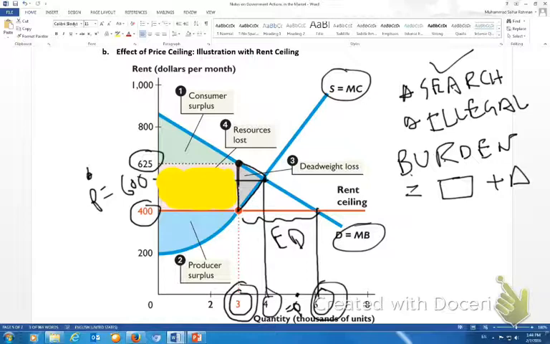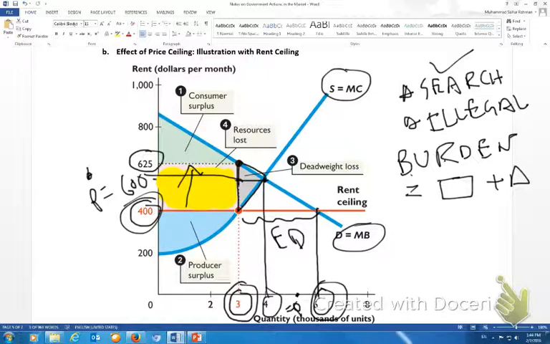Now, why are these happening? This burden is being imposed on the economy because the government imposed a ceiling on the price, which really prevented the market from reaching an equilibrium, right? So notice that as a result of the price ceiling, the economy can never go to its desired market equilibrium of 600.